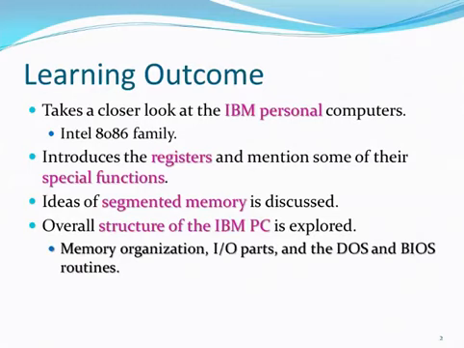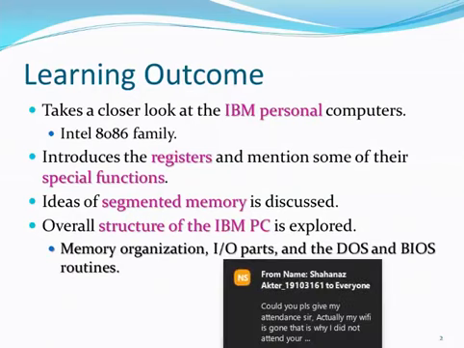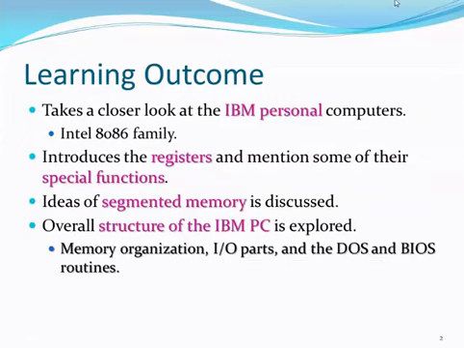We are going to have a look at the registers, the categories of the registers, and the functions of those registers, then the segments, that means memory segments, definitely. And to learn segmented memory, we are going to have a look at what is called offset and virtual address, virtual memory, all these sort of things, and also the overall structure. Is that clear, guys? Yes, sir.